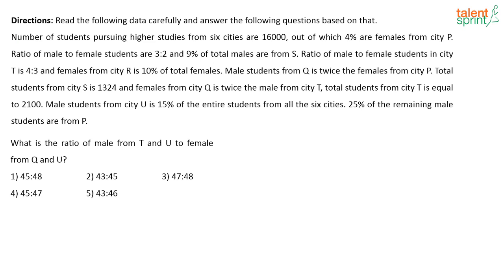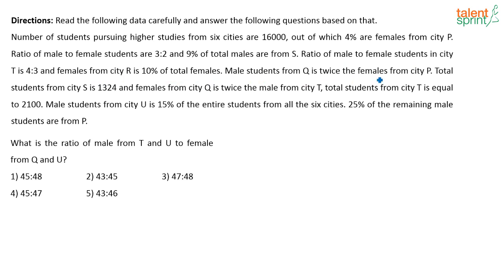What is given here? Number of students pursuing higher studies from 6 cities are 16,000, out of which 4% of females are from city P. Ratio of male to female students is 3:2 and 9% of the total males are from S. Ratio of male to female students in city T is 4:3 and females from city R is 10% of the total females.